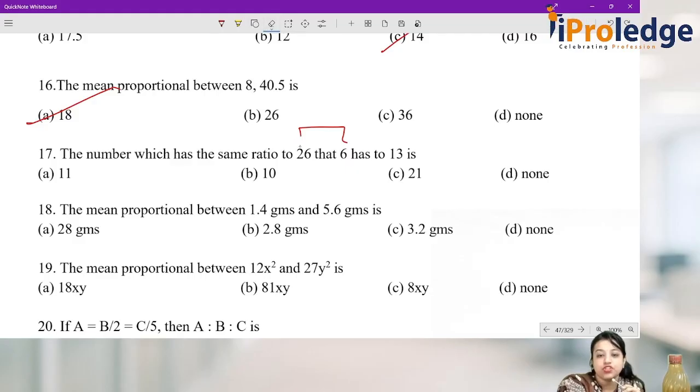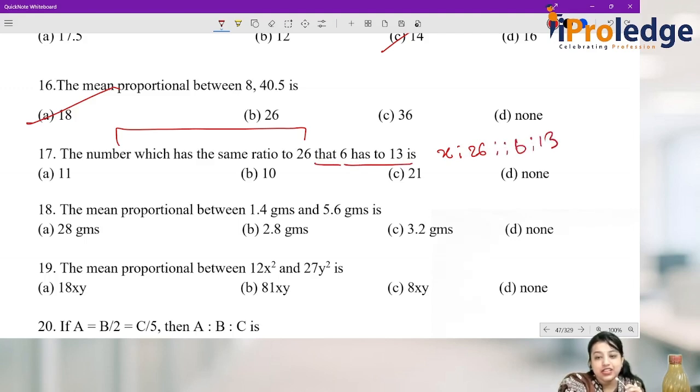So we have a proportion. The number which has a ratio with 26, that 6 has to 13, 6 has to 13. Find the value of x. 12.